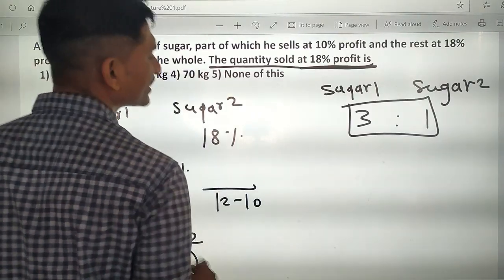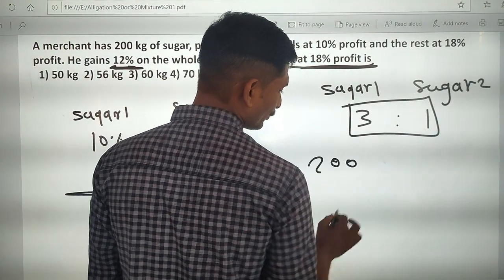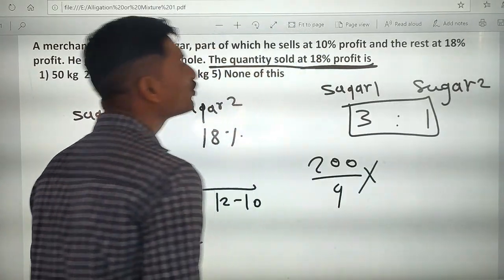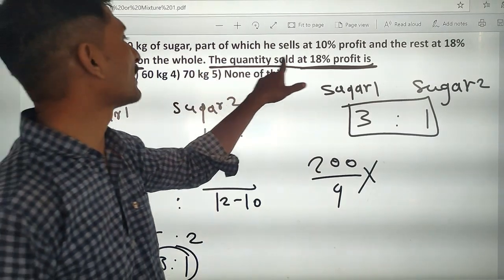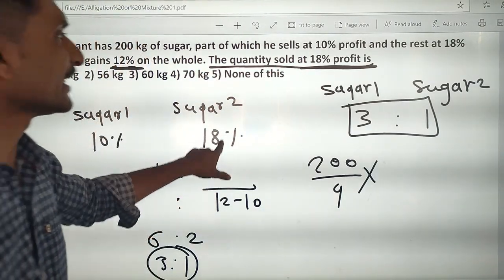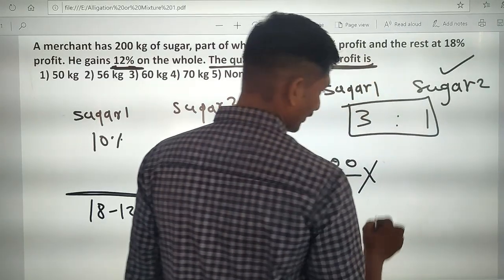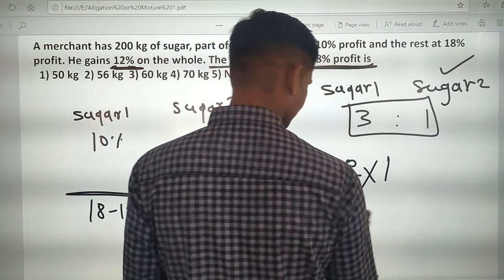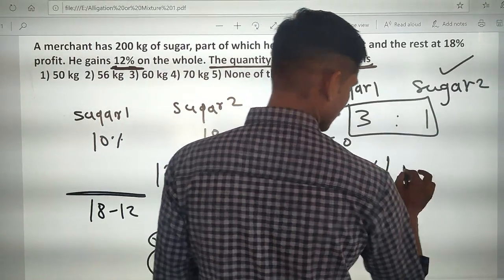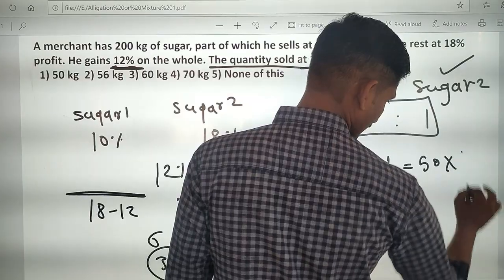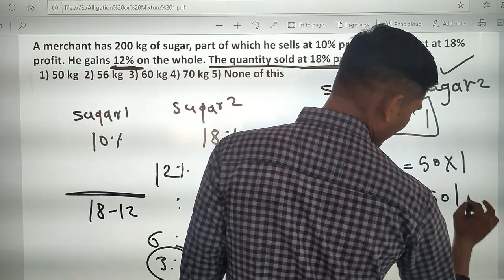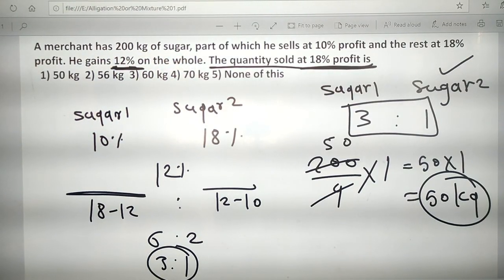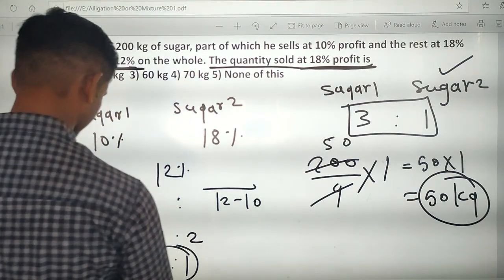Now total sugar is 20 kg and total proportion is 4. The 18% profit sugar is sugar 2, which is 1 part, so the 18% profit sugar is 5 kg.